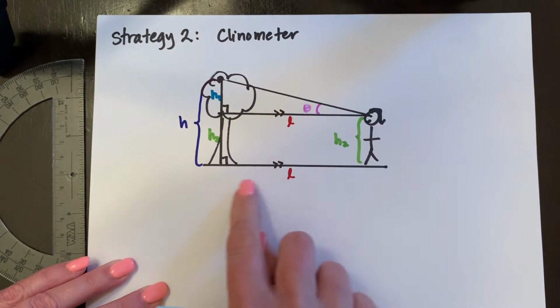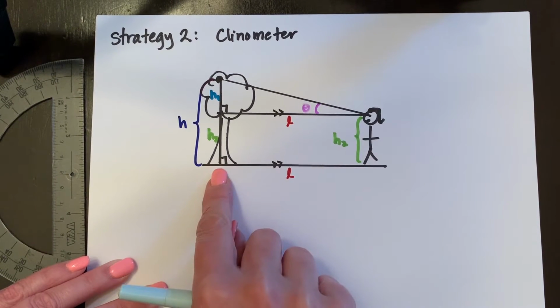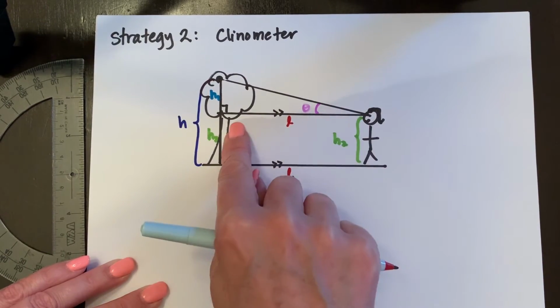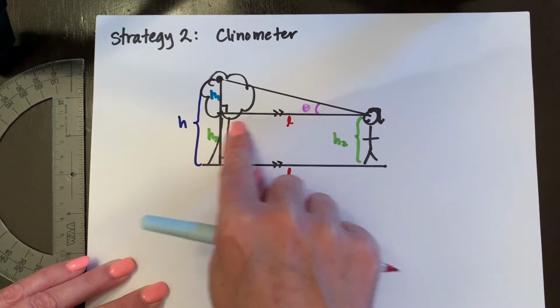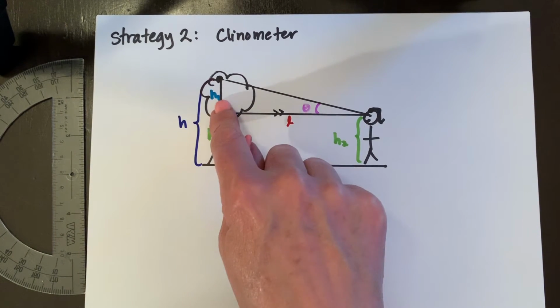And you can see that distance from me to the tree is the same as the length of this side of my right triangle. So we don't have two similar triangles. And so how are we going to figure out these two heights?